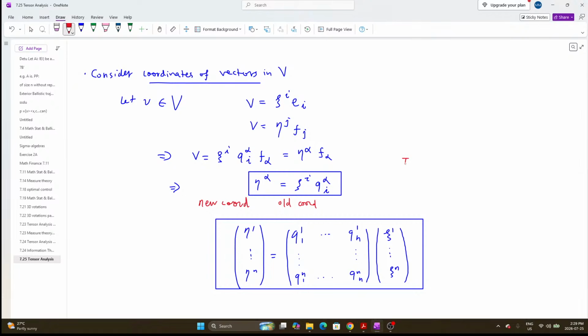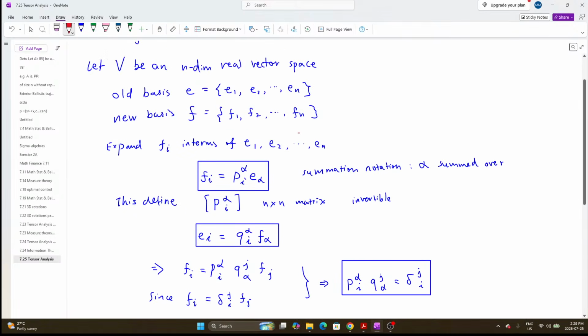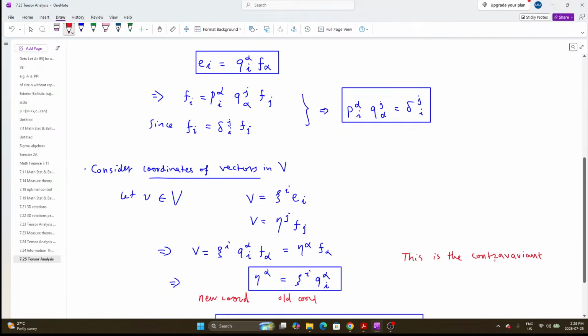This is the contravariant transformation law, and it follows from just basic expansion. We derived the contravariant transformation law using an example, the tangent vector of a space curve, and the machinery we used was the chain rule from calculus. Here we just use plain linear algebra. There's no calculus going on here. This is the contravariant transformation law.